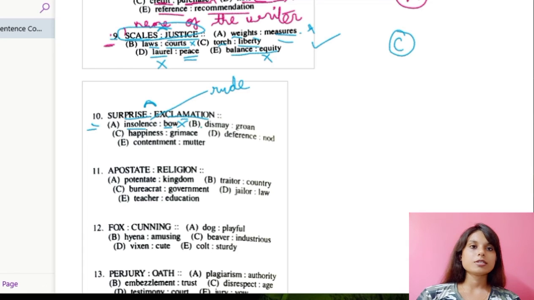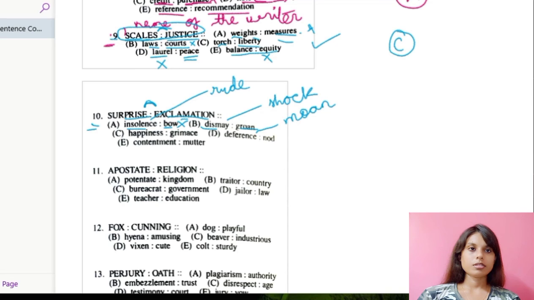Number B, dismay and groan. Now dismay means shock or surprise, and groan means moaning, or you can say murmur. Groan means moan, like softly crying or softly groaning, that is what moan and groan is.